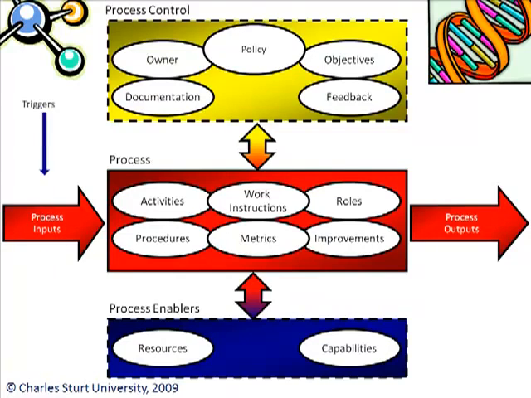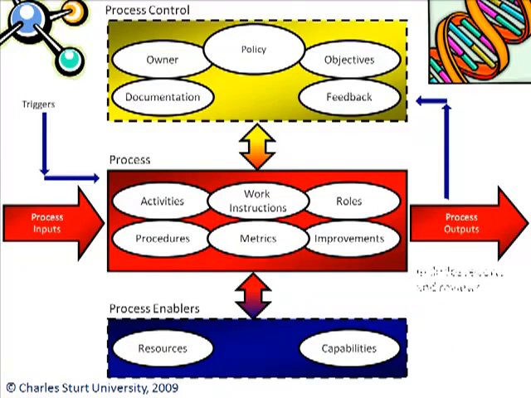Last but not least, something will trigger the process. So typically, if a user calls the service desk with an incident, that will trigger the whole incident management process. If someone submits a request for change into the change management process, that will trigger the change management process. So each process typically has one or more triggers.